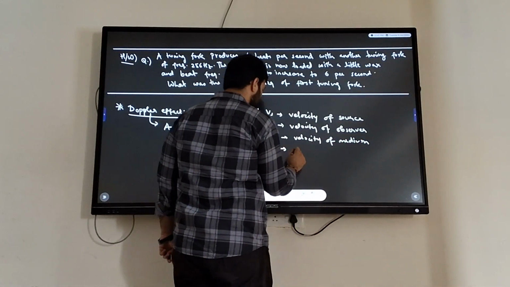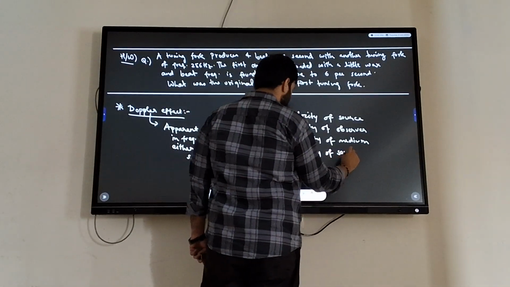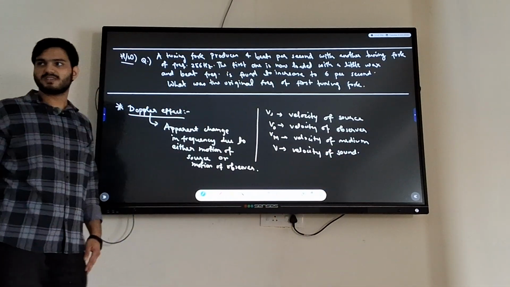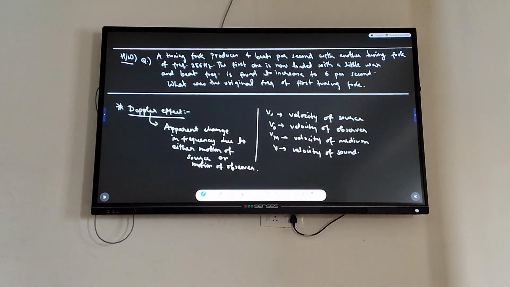V, velocity of sound. This is the terminology which I will use. ठीक है? Is it okay? I will start with some special cases. So if you have written this, then let's start with it.